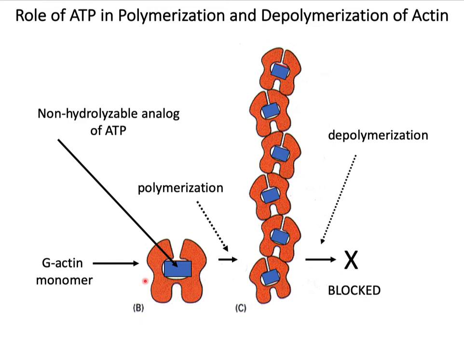What the cell biologists discovered was that they could still get polymerization of G-actin monomers that harbored the analog of ATP, but they could no longer get depolymerization. This suggests that the ATP must be hydrolyzed, so ATP hydrolysis plays an important role in the depolymerization of actin filaments, but not in the polymerization of actin filaments.